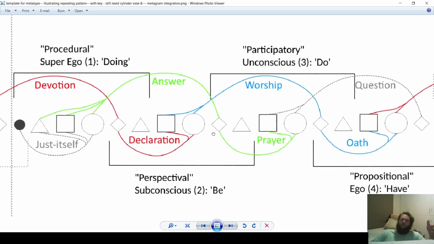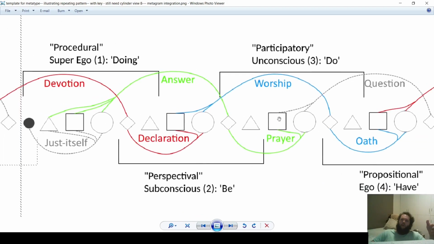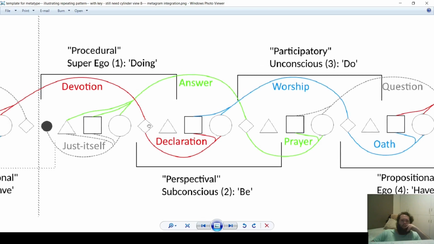So if I'm a metatype 13, that means that my dominant function over here is 13. This is dimension 12, this is dimension 11, this is dimension 10, this is dimension 9, and this is dimension 8, and this is dimension 7.